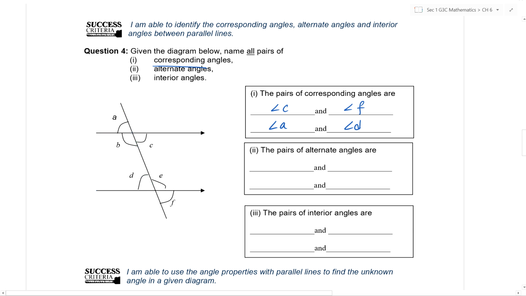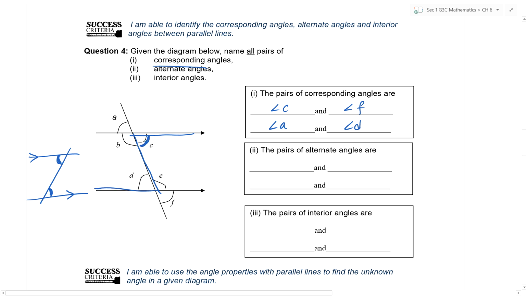The next set of angles we'll be looking at are alternate angles. So for alternate angles, we try and look out for the letter Z over here, where these two lines are parallel. So this angle and this angle, they are equivalent in size, and we call them alternate angles. In this example, our letter Z can be found here.